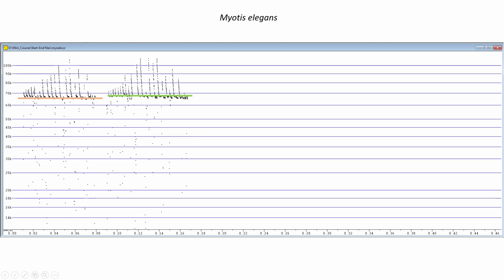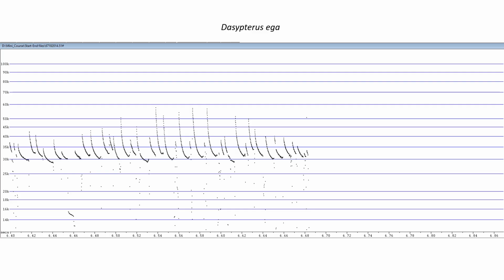The second individual came in, shifted his calls up a little bit so as not to interfere with returning echoes from this guy. When this guy flew away, he started dropping down into the characteristic frequency. But we have the same issue, increase and decrease of the high frequencies. So F start, F max, not really very useful for the Vespertilionids.